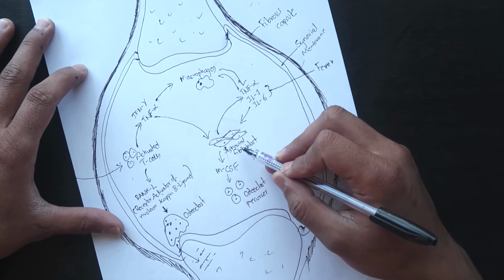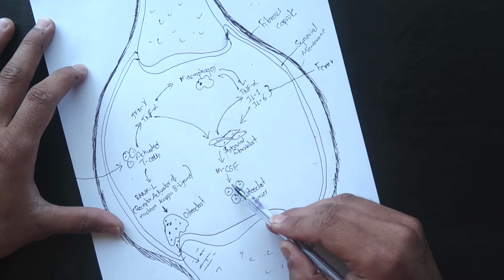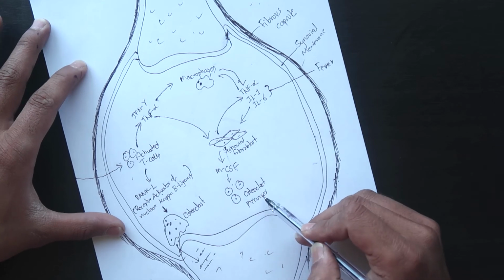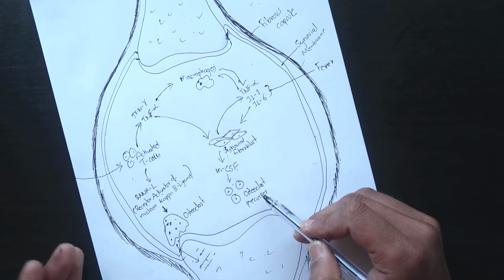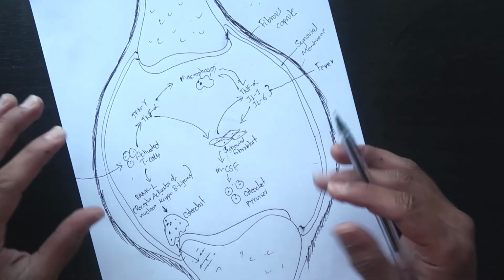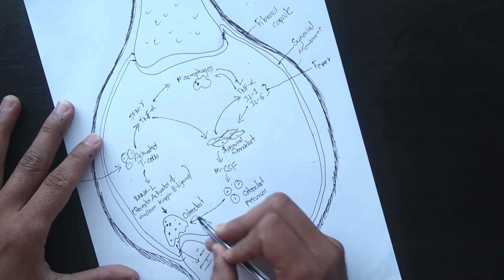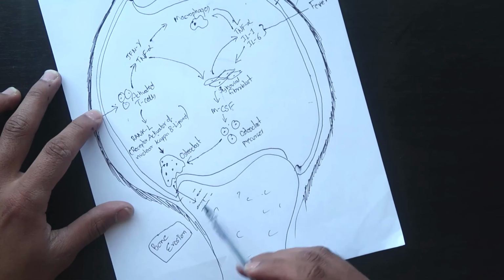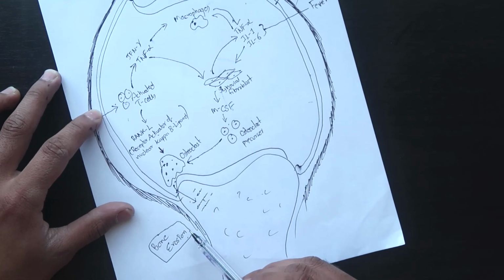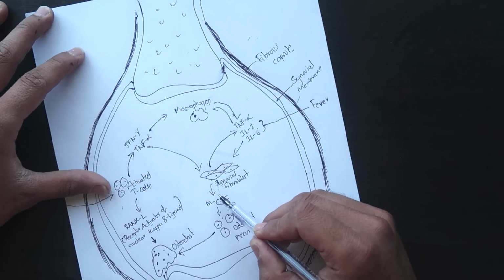MCSF produced by the synovial fibroblast cells can activate osteoclast precursor cells. When activated, these cells fuse together and form these huge multinucleated giant cells, osteoclasts, and we know what osteoclasts do. They cause bone erosion. So that is another thing.